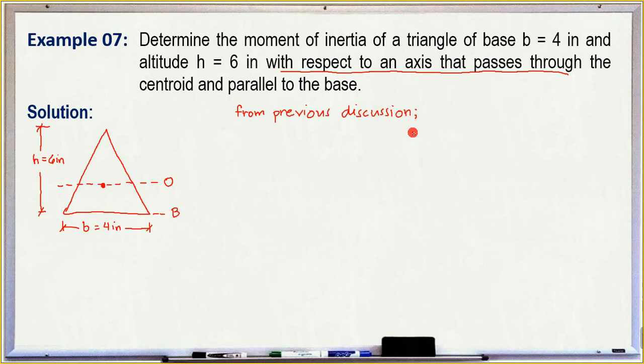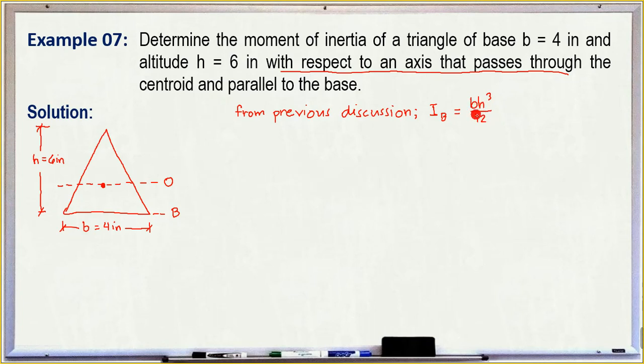you need to look at it so you can follow: the moment of inertia of a triangle along the base, or with respect to the base, is equal to bh cubed all over 12. This is similar to a rectangle with respect to its centroid.